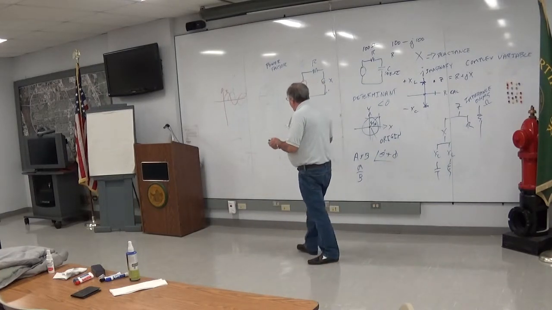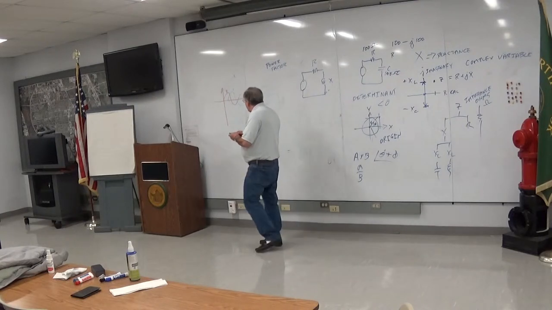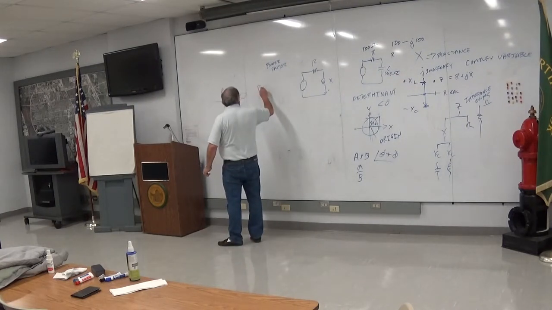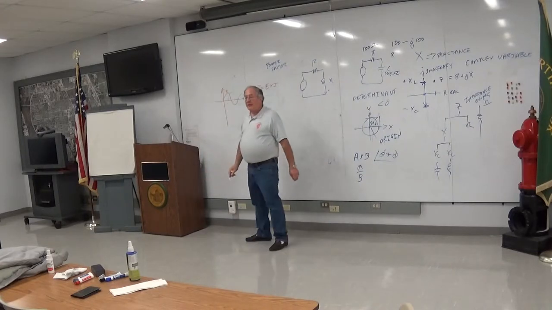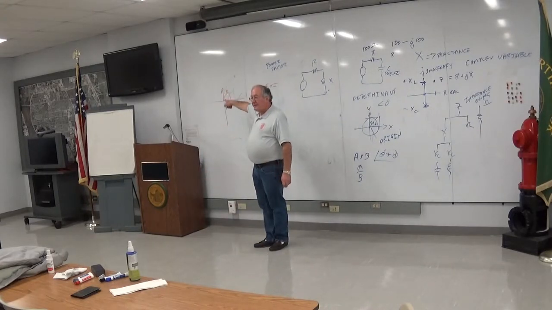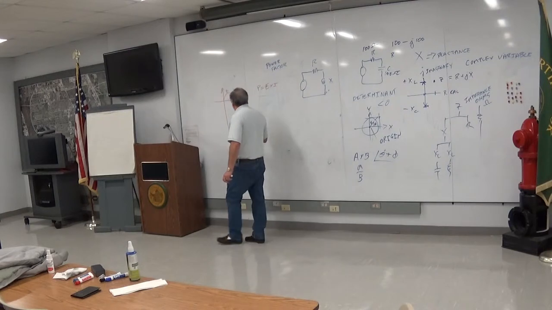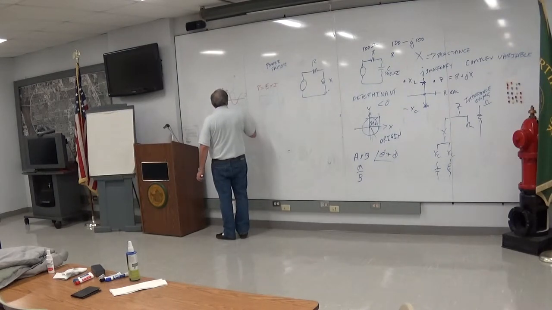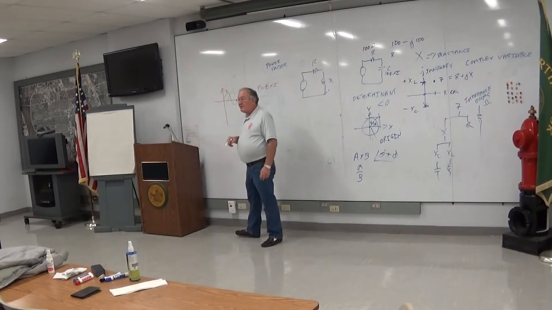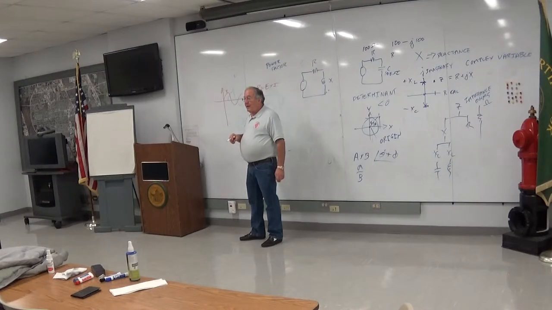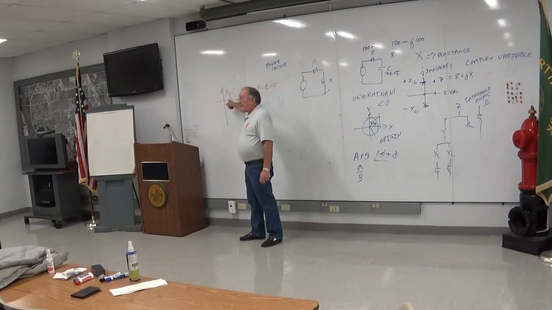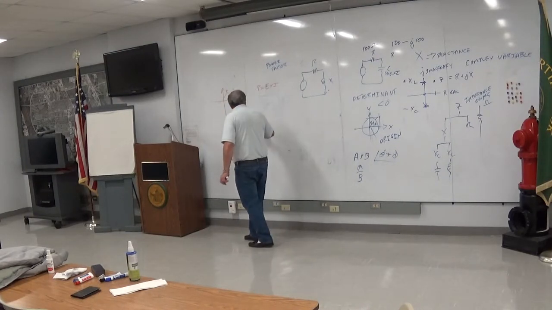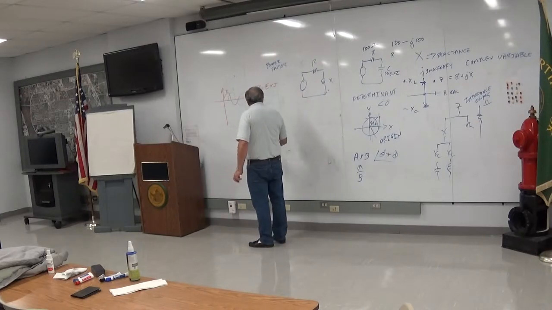Well, what do we know about power? We know that power, by definition, is E times I. At any point in this curve, if you were to multiply the value of E times I and average it over the whole cycle, if you've got a 90-degree phase relationship, meaning when one thing is over here, the other is down here, and when the other is up here, this one is at 0.